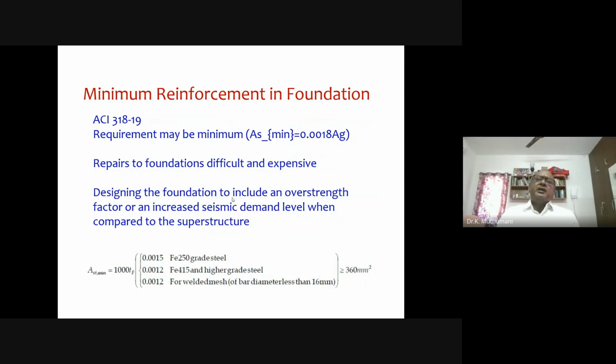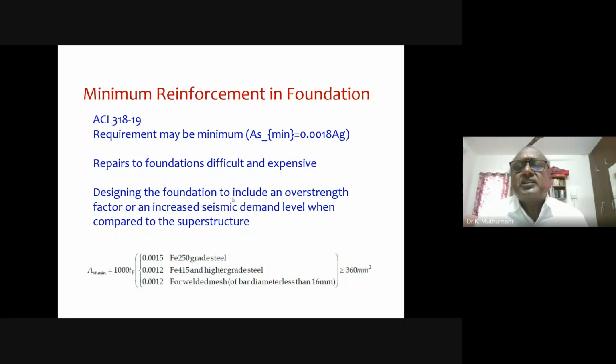This is the main thing that I want you to note as far as foundation is concerned. Another interesting point that I note in the foundation, as per my personal experience, is that our Indian code talks about some minimum percentage of reinforcement. I am not going to talk about that, but please understand there is something like that given in our code.